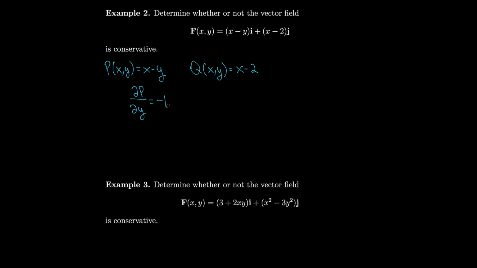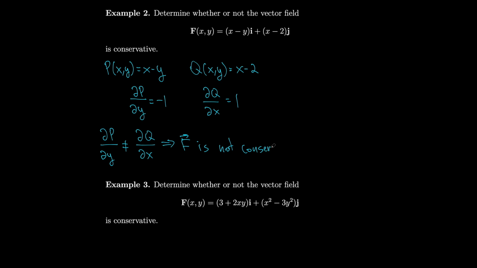Notice that's minus 1. The partial of q with respect to x is equal to 1. So that means that the partial of p with respect to y is not equal to the partial of q with respect to x.